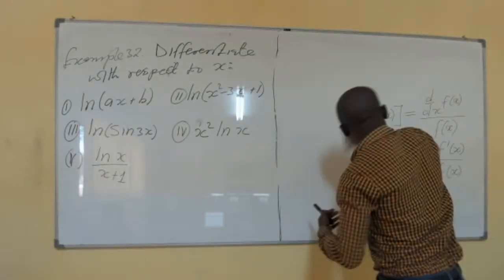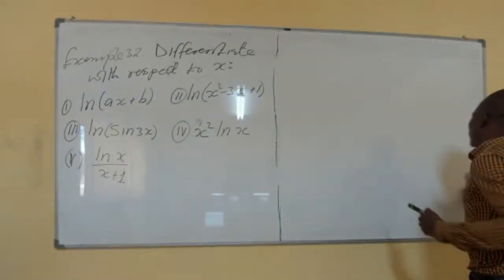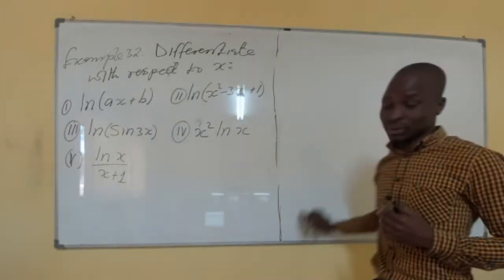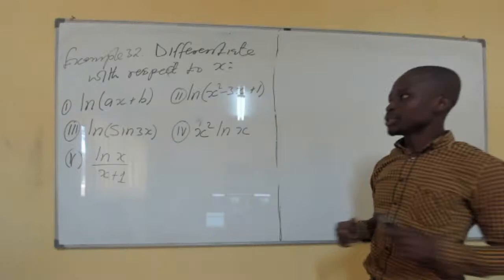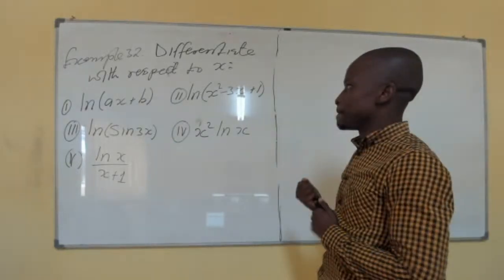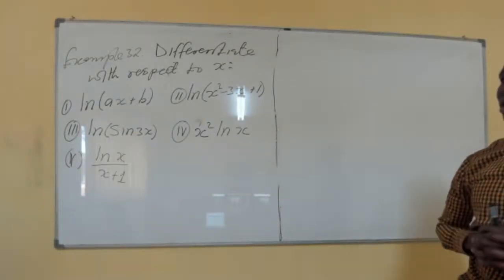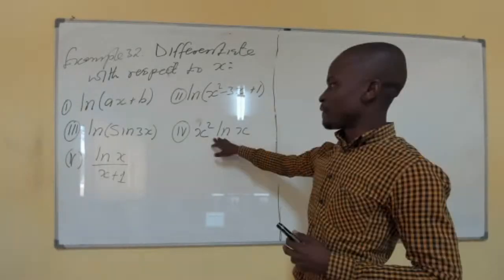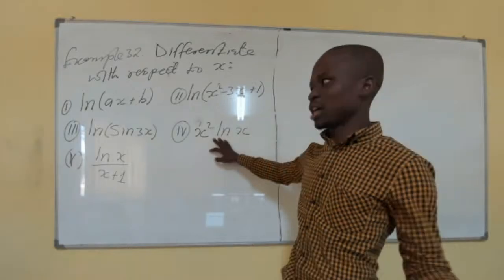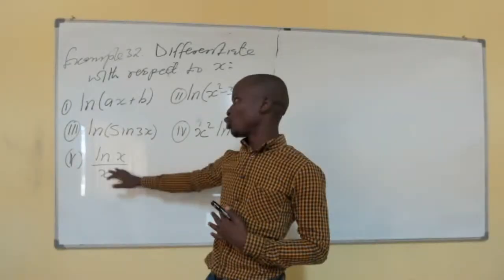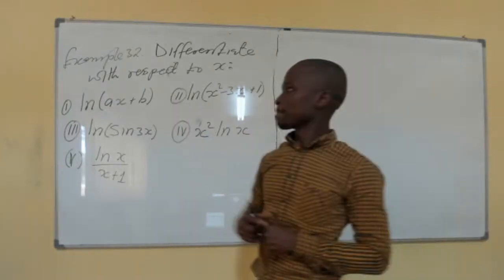When you look at the question, you'll be able to tell which basic rules to apply. Now, I'll do 1, 2, 3. The other ones you're going to do, because number 4 is just the use of the product rule and number 5 makes use of the quotient rule.